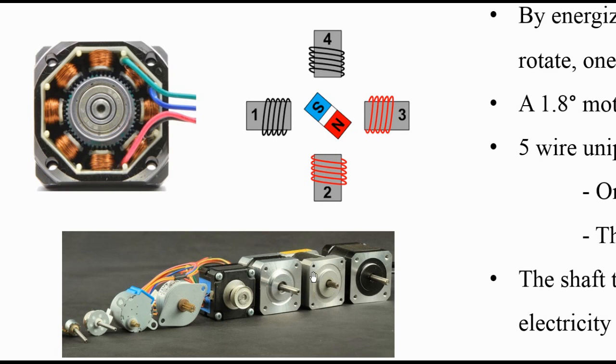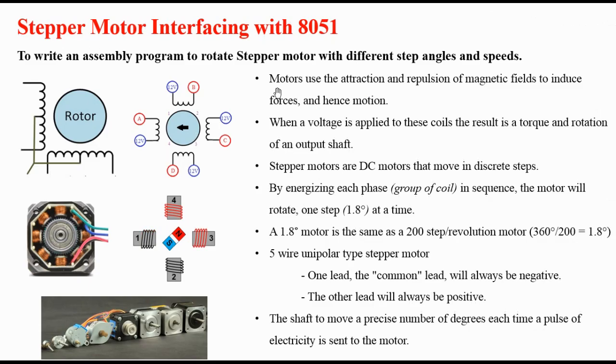This is the internal construction that we have now studied related to the stepper motor. The motor uses the attraction and repulsion of magnetic fields to induce force and hence motion.